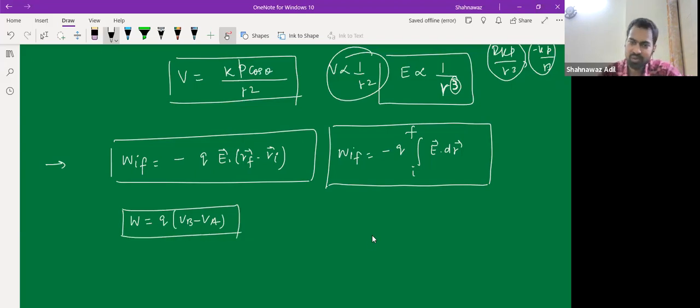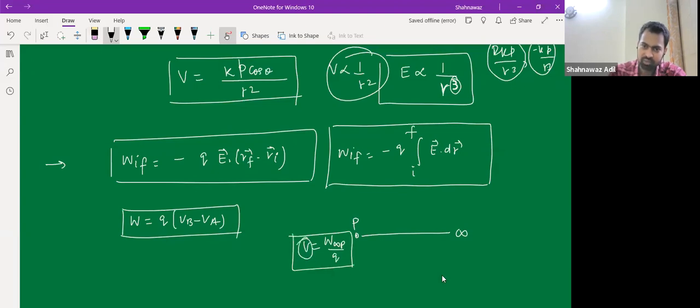So if we are bringing some charge from infinity to point P, that is called the electric potential, right, guys?